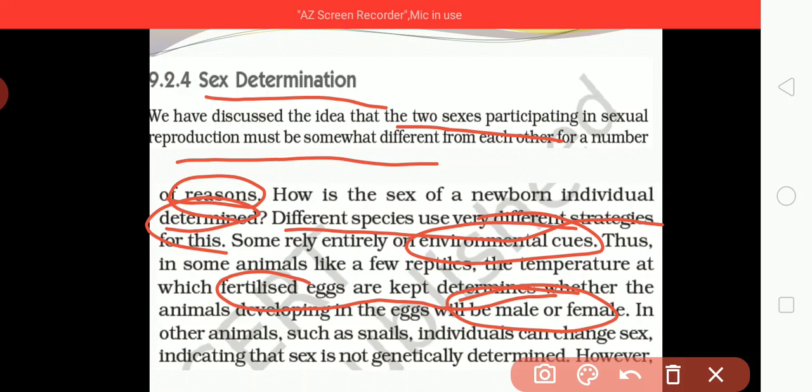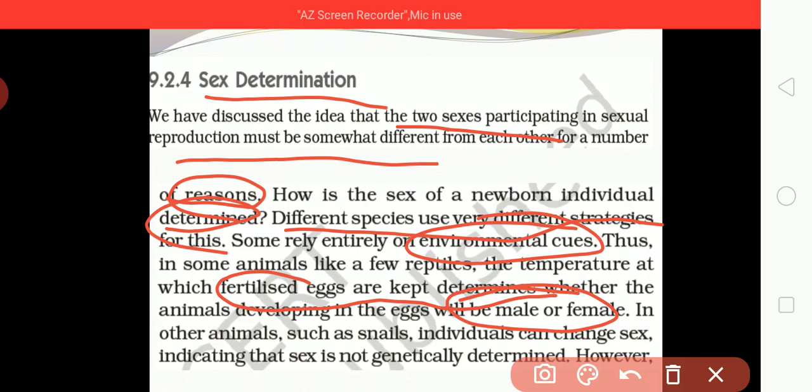So in some reptiles, they fertilize their eggs during a particular season, and depending on the season they will give a male or a female. So the sex depends on the temperature in some animals.